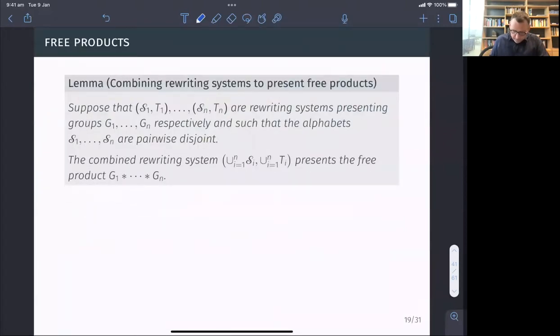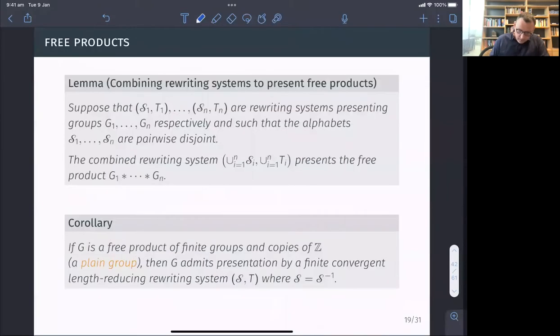Just a quick picture. If I have some disjoint alphabets and a whole bunch of rewriting systems, then when I union the alphabets together and union the rules together, that presents the free product.